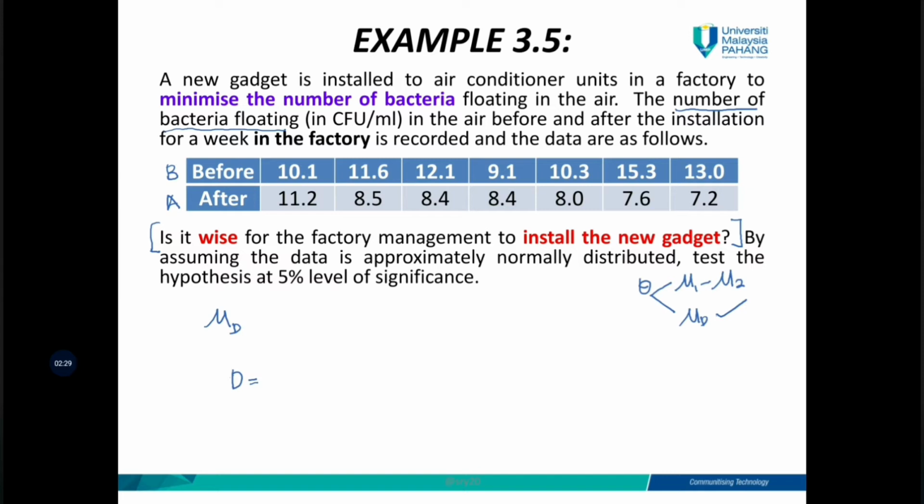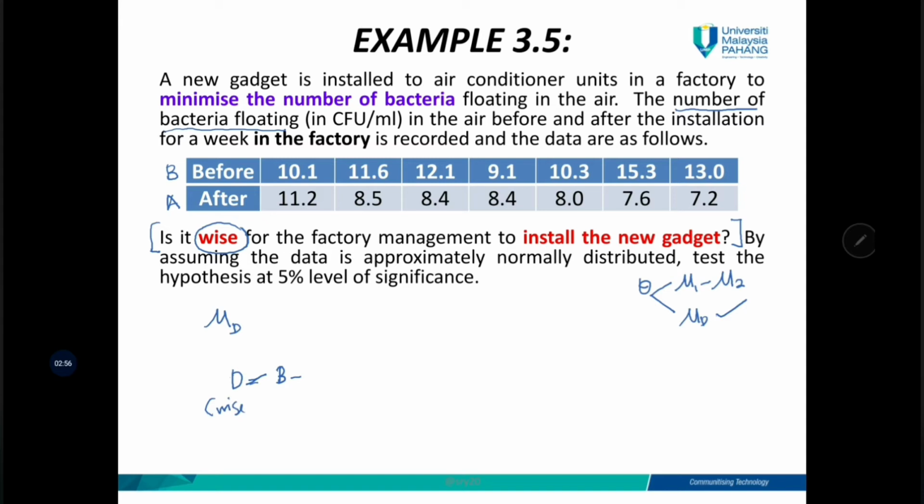There are two versions for d: B minus A, or A minus B. Remember that we want to look for the d that shows it is wise to install.